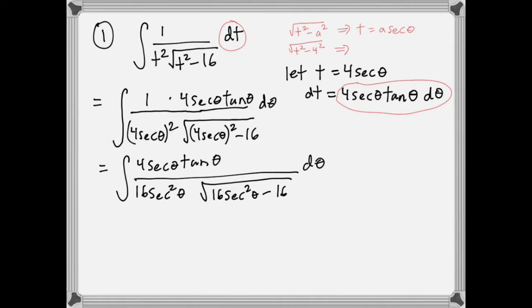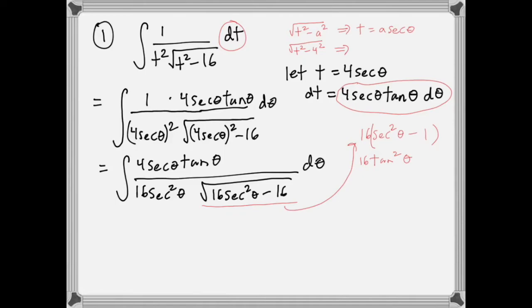Let's look at just this radical, okay? Let me deal with what's under the radical, right? 16 secant squared theta minus 16. I can factor out a 16, and I get this. But then secant squared theta minus 1 is the same as tan squared theta.